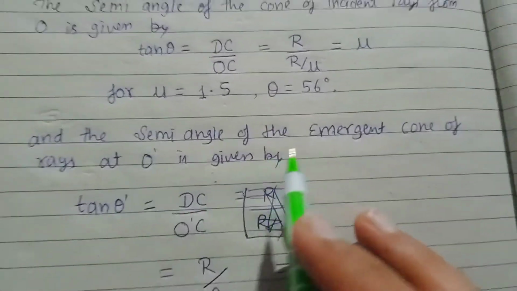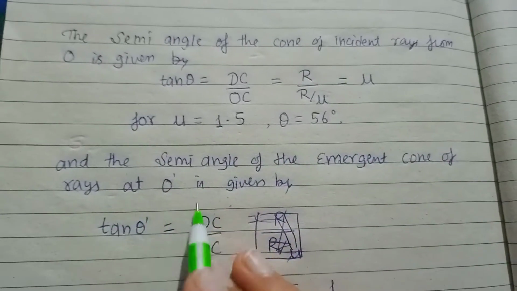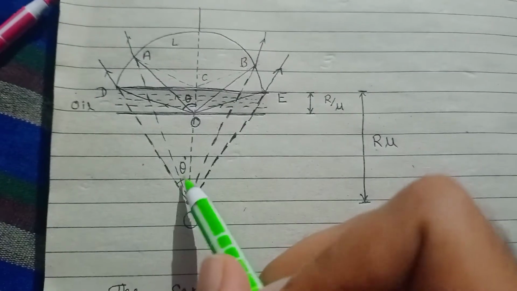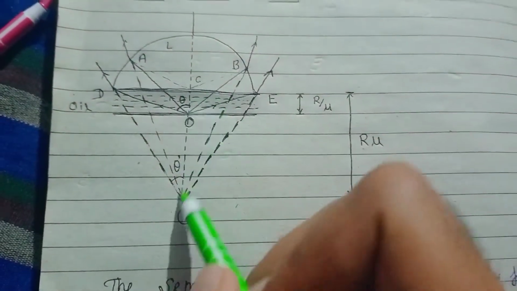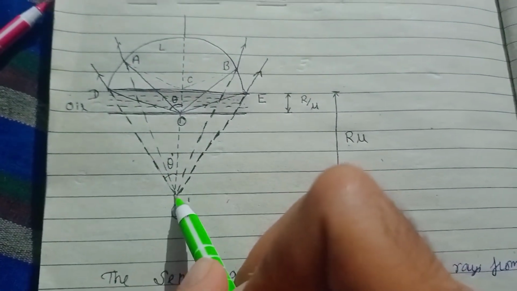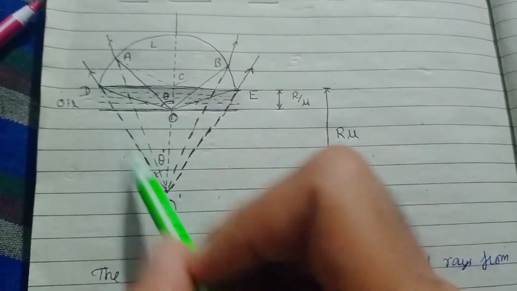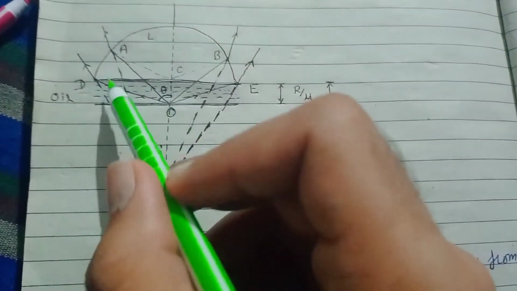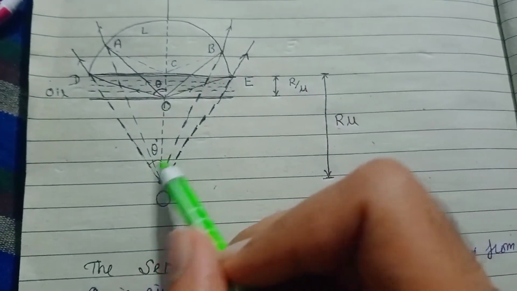Now the semi angle of the emergent cone of rays at O dash. We will determine the semi angle of the cone made by point O dash with these rays OD, OE that appear to be diverging. Call this angle theta dash.